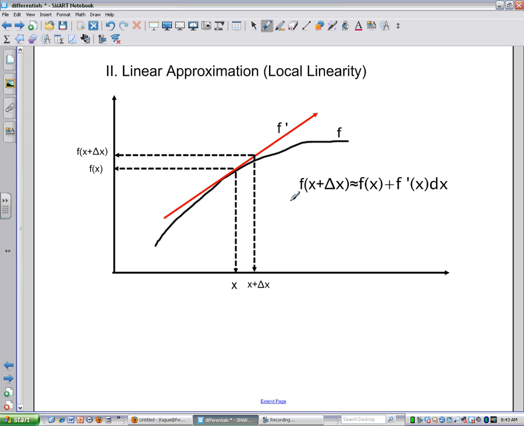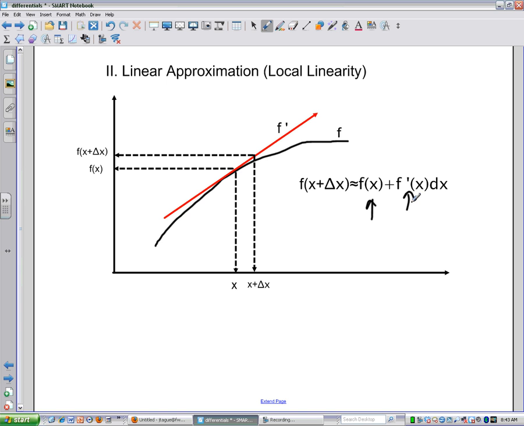So what we do to approximate things is we use the fact that, for the most part, we're looking at a straight line. Say I want to know the value of the function right here at x plus delta x, and I know the value of the function here at x, so I know f of x. I can use the derivative and multiply it by dx.